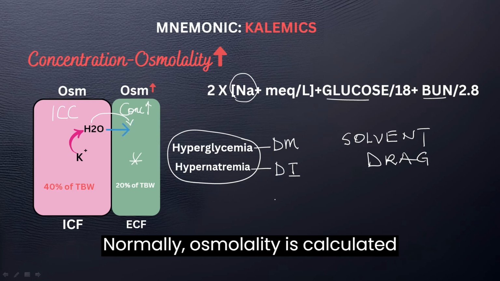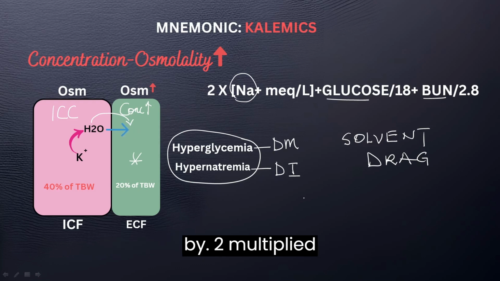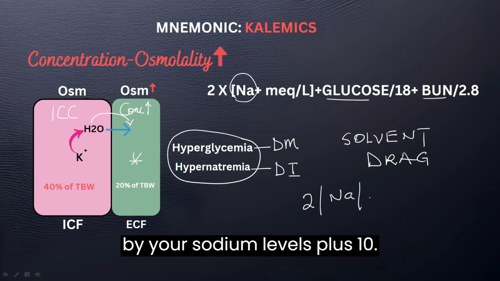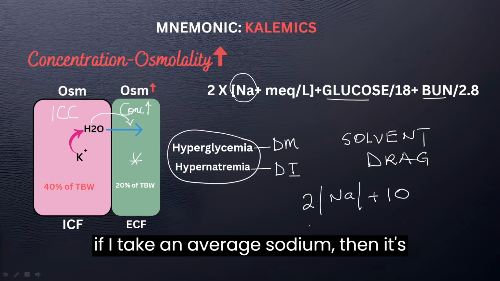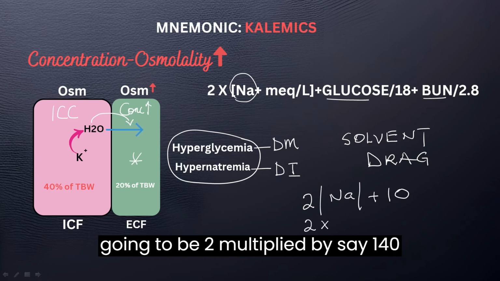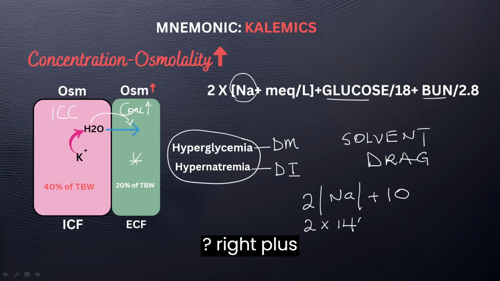Normally, osmolality is calculated by 2 multiplied by your sodium level plus 10. This is if it is a normal patient. So if I take an average sodium of, say, 140, then it's 2 multiplied by 140, plus 10, so that we get 290.